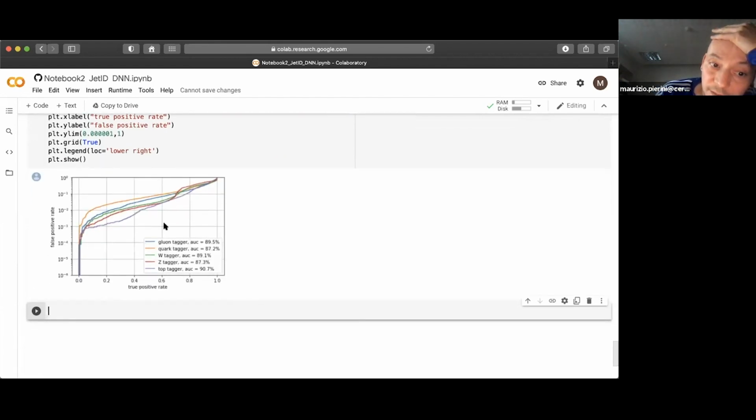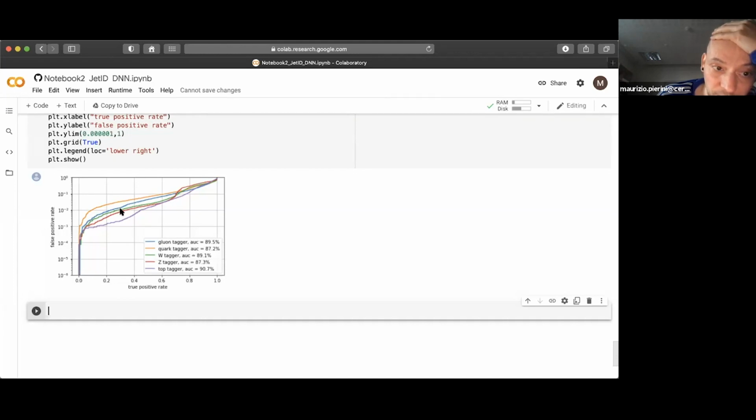So you see that this is true positive rate as a function of false positive rate. To give you an idea, a known machine learning based algorithm for W and top tagging and Z tagging at CMS has 30% efficiency at 10 to the minus 2 false positive rate.